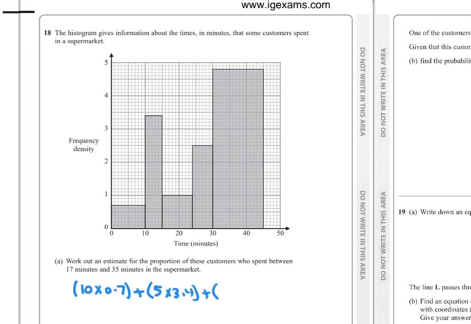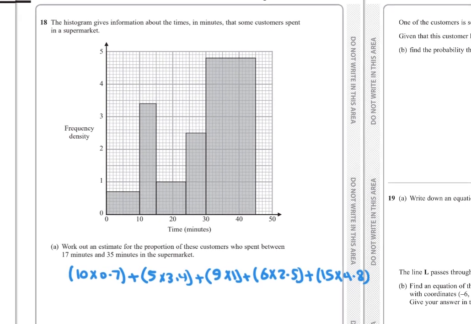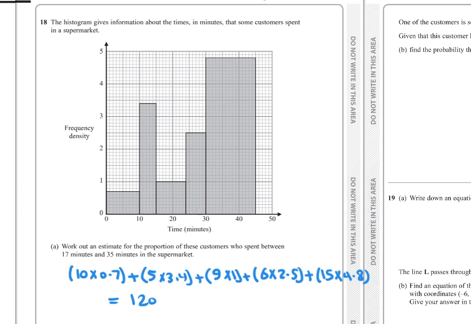Next rectangle from 15 to 24, so 9 times 1, plus next rectangle from 24 to 30, so 6 times 2.5, plus the last one from 30 to 45, 15 times 4.8. The total equals 120.